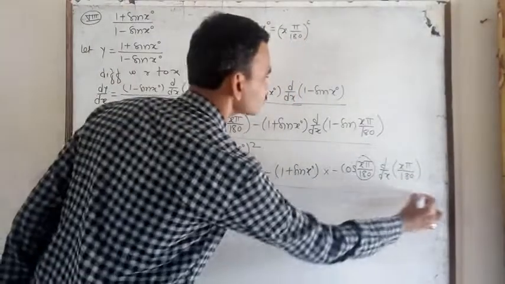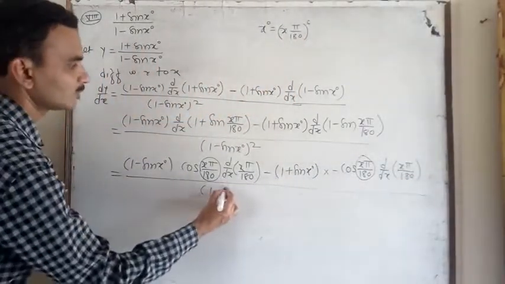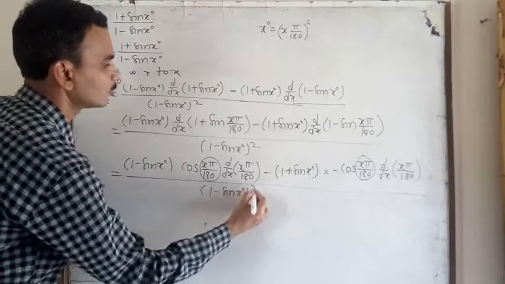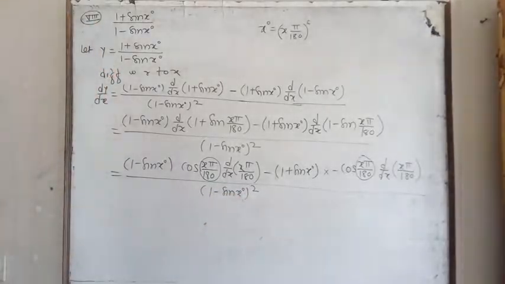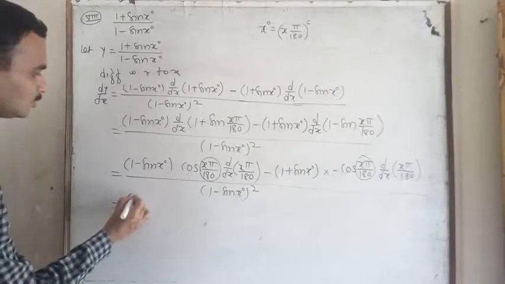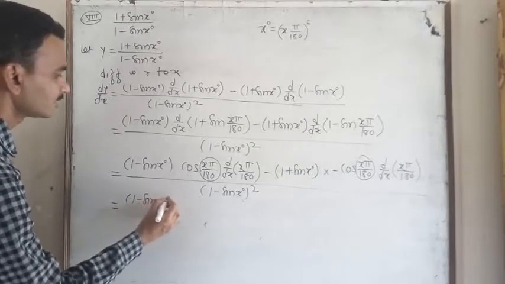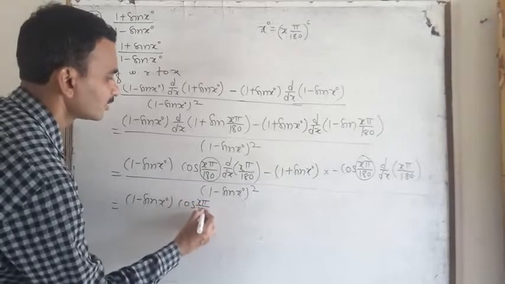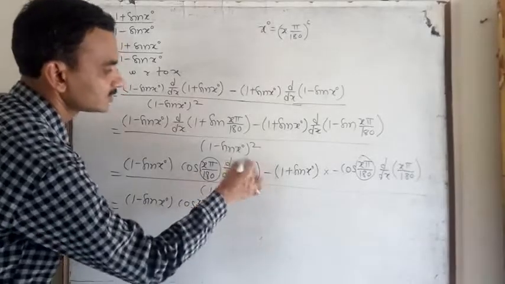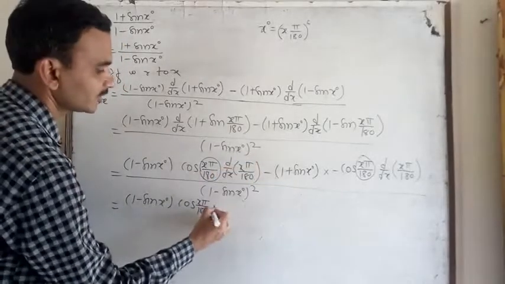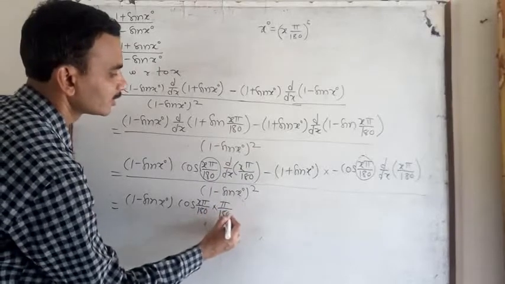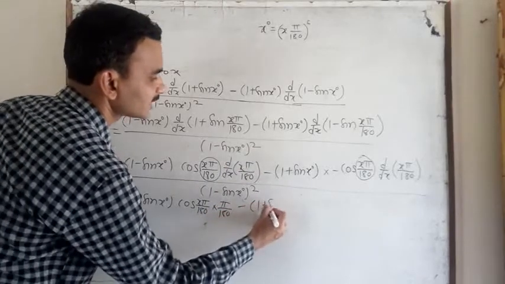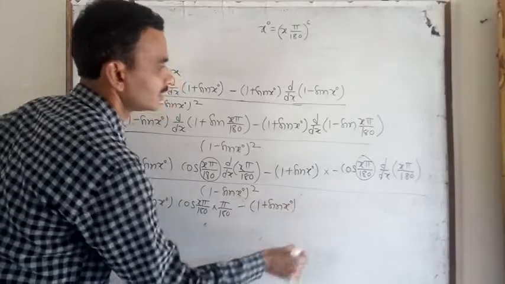Upon 1 minus sine x degree bracket square. 1 minus sine x degree, this cos of x pi upon 180, and the derivative of this term is into pi upon 180, minus 1 plus sine x degree.